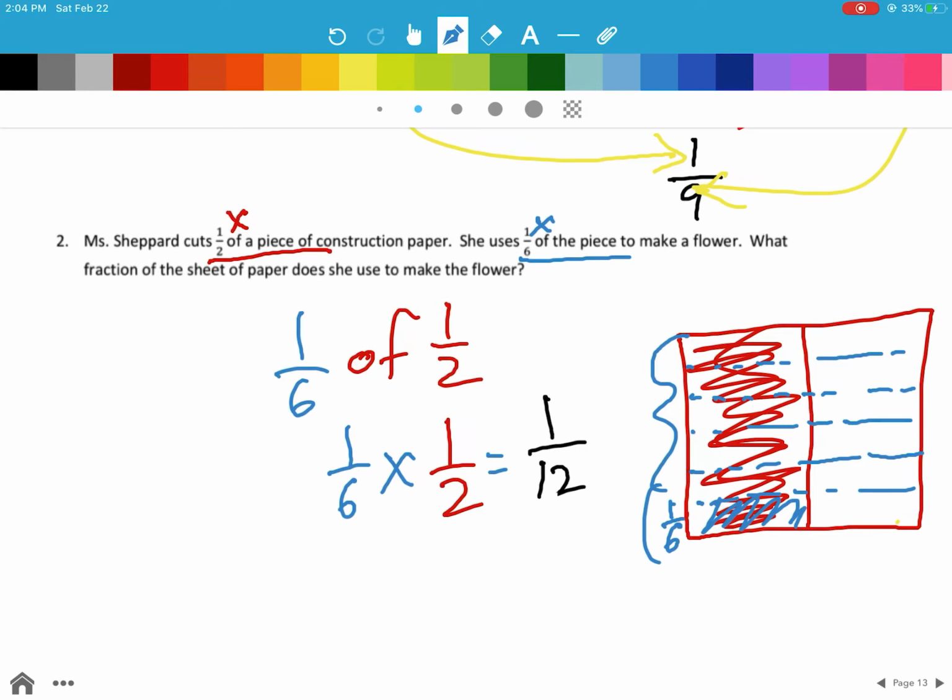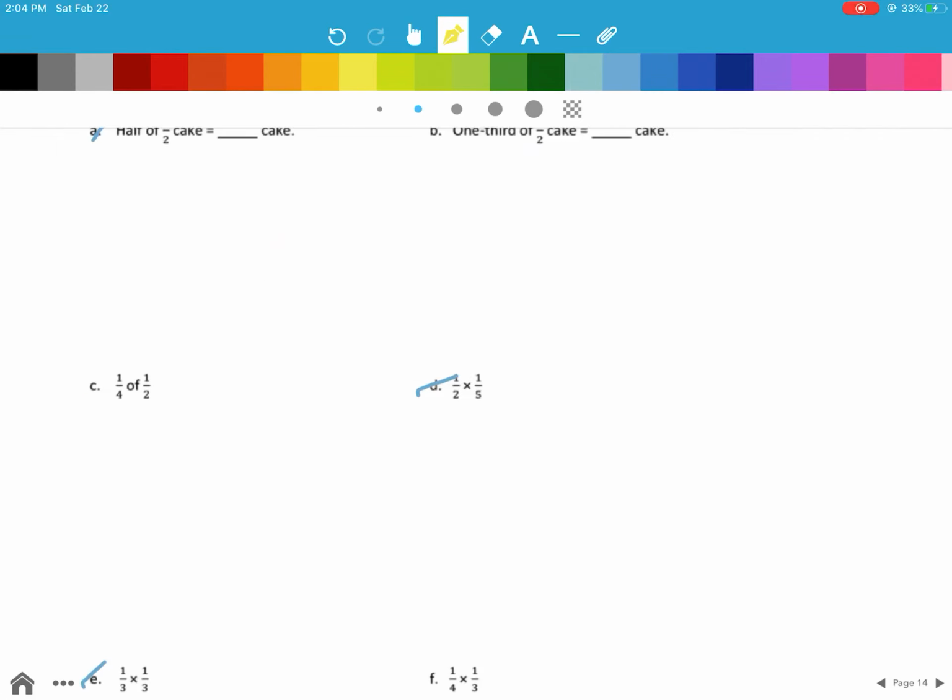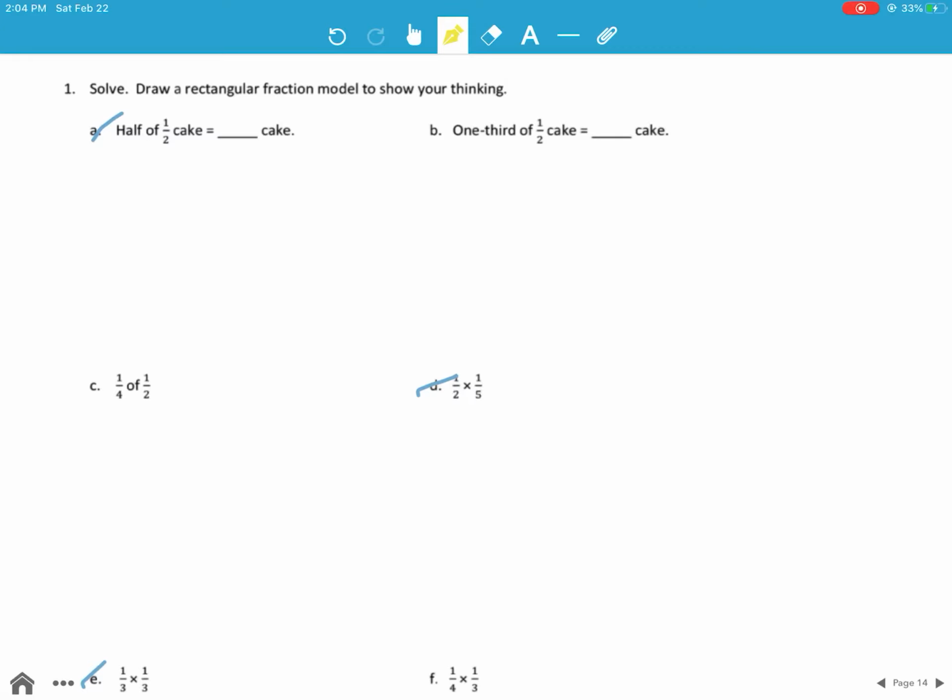Out of these 6. Okay, on this half, which is actually 1/12 of the whole. So this is 1, 2, 3, 4, 5, 6, 7, 8, 9, 10, 11, 12. All right. So here we have some more problems.